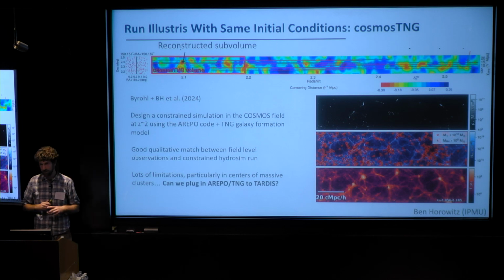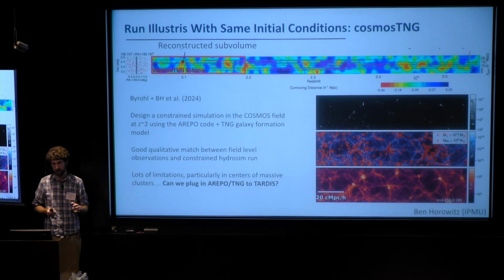And even though we used a really rough hydro model in our field-level inference framework, we found that when we ran the hydrosim, it matches quite well at the qualitative level. But we know that FGPA is breaking down when we go into centers of massive clusters, where there's this really complex hydrodynamical physics. And so what we're interested in is, well, this all seems a bit backwards.